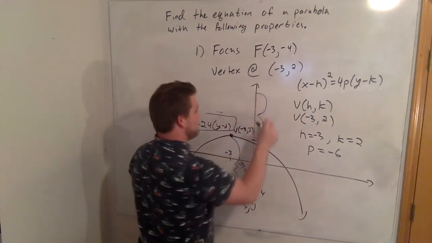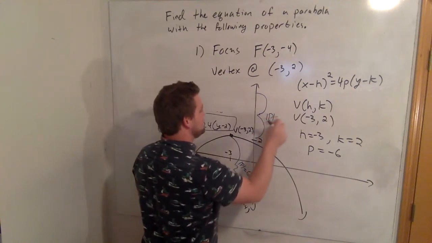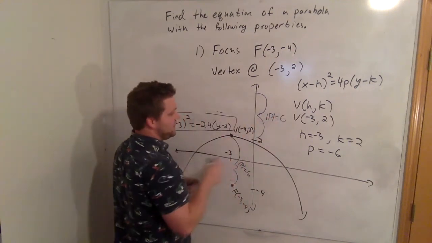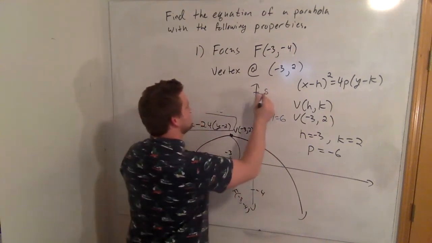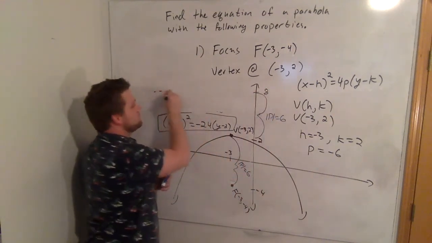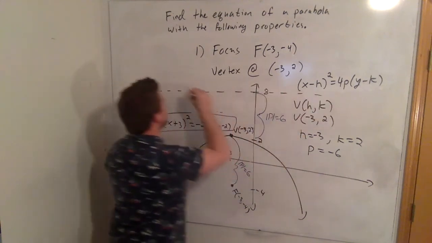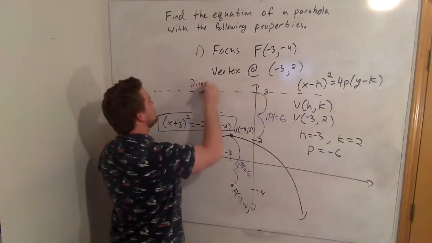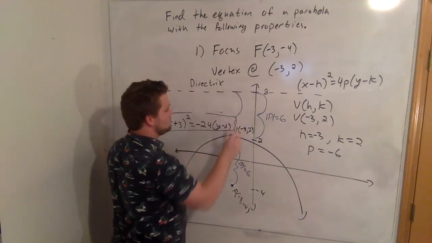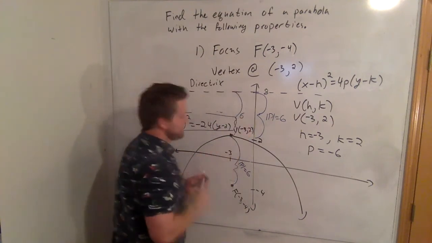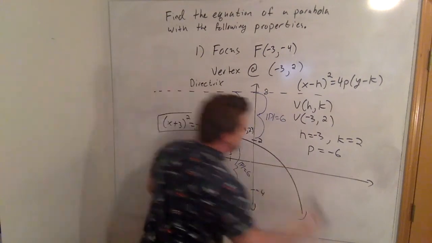So 2 and 6 will put us here at 8. So here is our directrix.